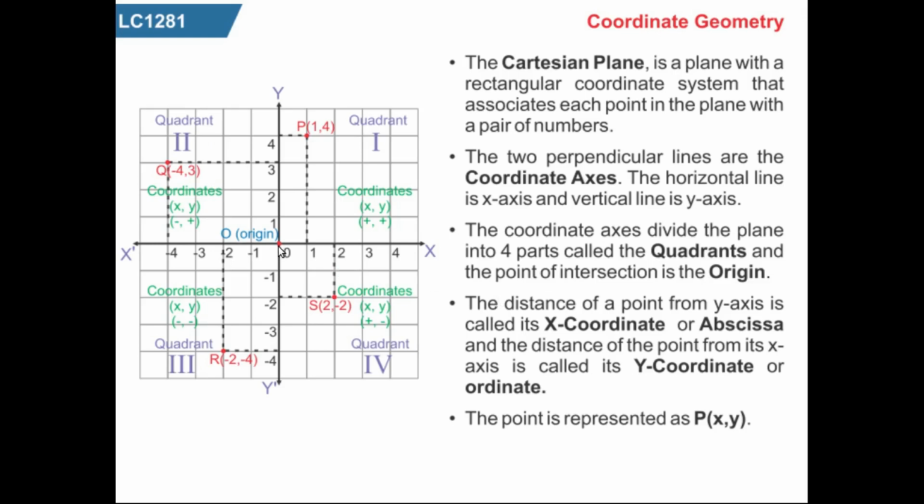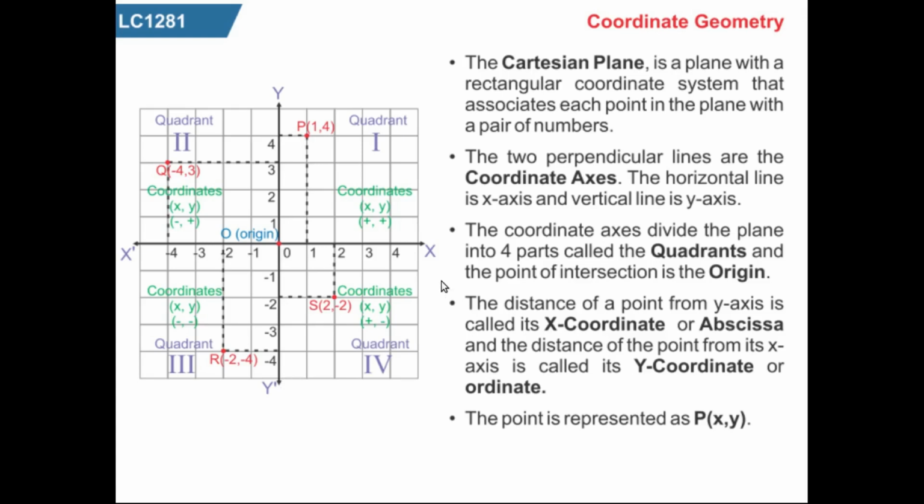This is the center point, the intersecting point of these two axes, and it is called the origin. You know the number line: the right part represents the positive numbers and the left part represents negative numbers. This one is our x-axis, and here this part is positive numbers, and this part represents negative numbers.